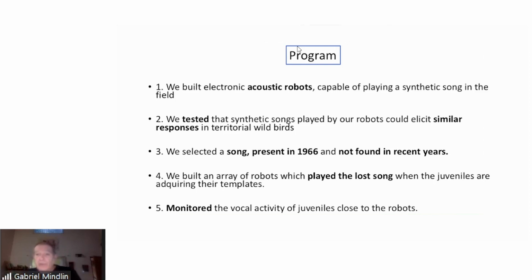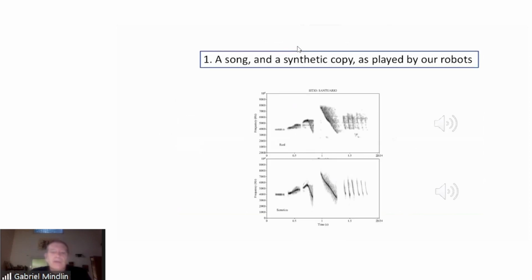And then our robots were also keeping the capability of recording what was happening acoustically in their neighborhood. So this is a typical song, okay, of one of these birds. And this is generated by the normal form of the Takens-Bogdanov bifurcation when you modulate the parameters properly.